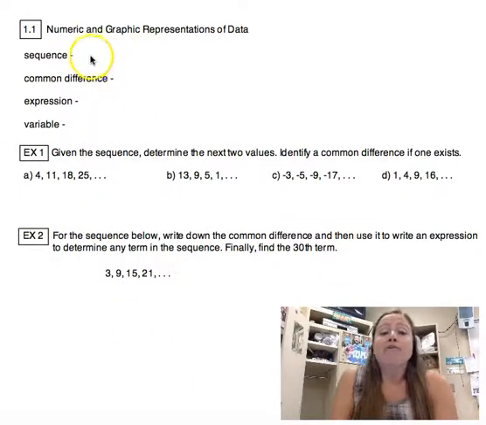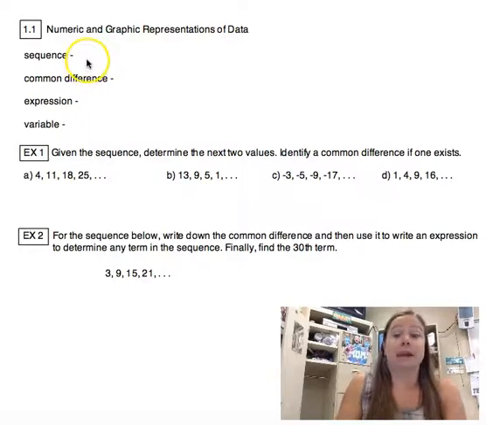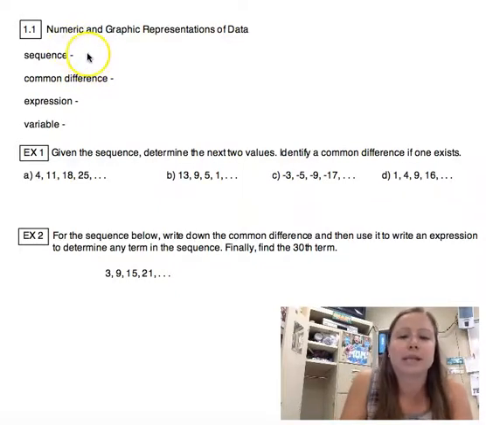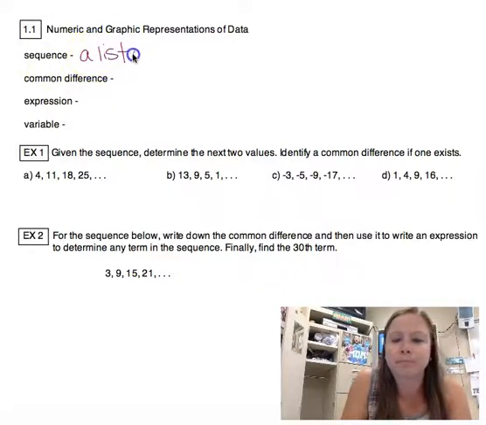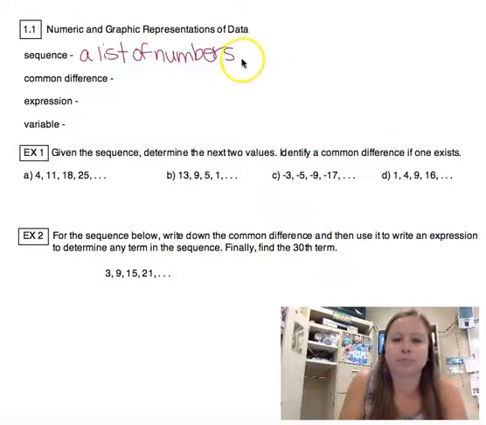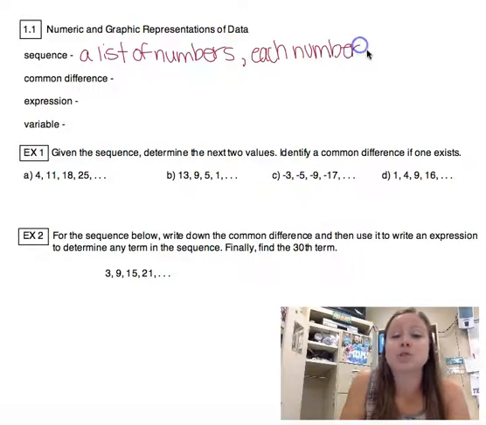So, first thing we're going to define is a sequence. A sequence is a list of numbers, and each number is called a term.